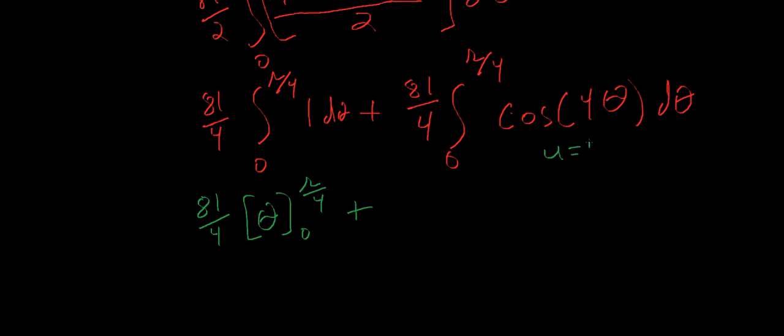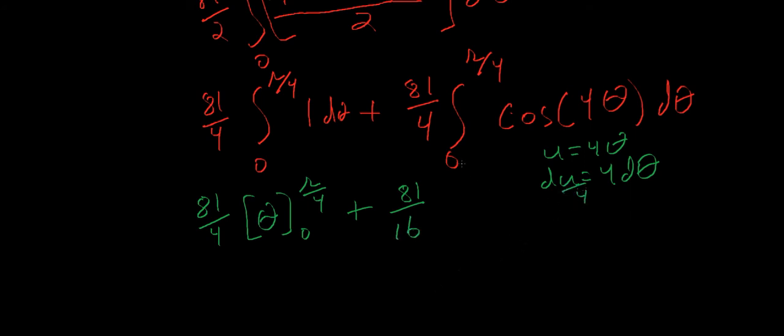Let's let u equal 4 theta, du equals 4 d theta. So I'm adding a multiple of 4 inside, so I'm going to have to take a 4th outside. So I get 81/16, divided by 4 there, if you don't see.